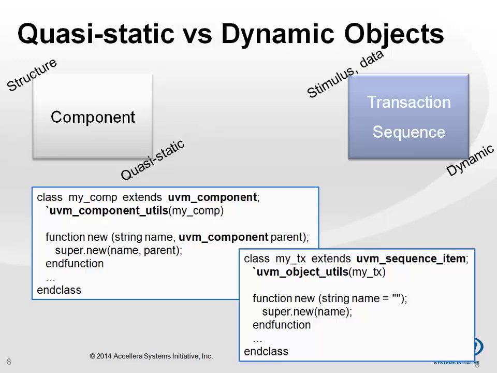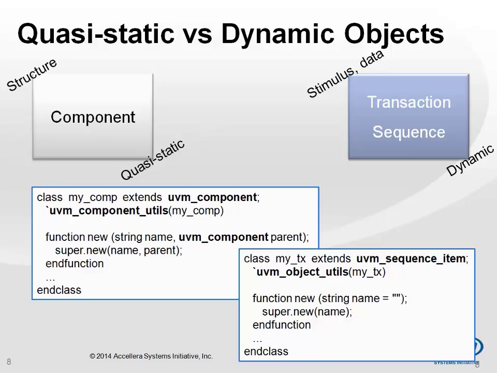And that's dynamic. That's going to be created on the fly at runtime. And most of the fragments of code that you're going to see presented this morning are going to fit into one of those two categories. You'll see lots of classes. Some of them are going to be instantiated at time zero. They're quasi-static. Others are instantiated as time passes.